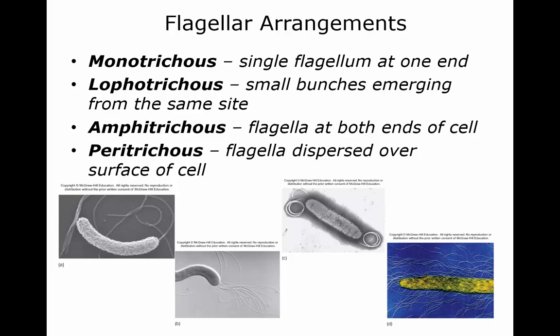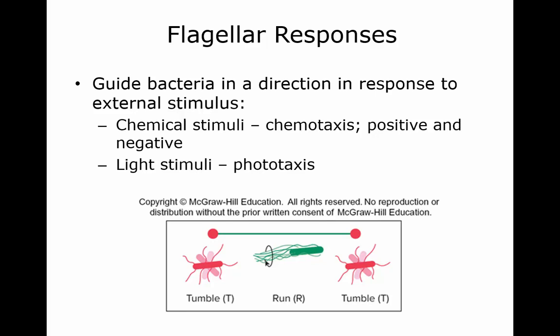That's amphitrichous. And peritrichous, you just got flagella all over the surface, like you see here in figure D. Now, we've already said they're for movement. They're going to guide the bacteria in a certain direction because of some sort of stimulus. It can be a chemical stimulus or even a light stimulus that causes it to move the bacteria.